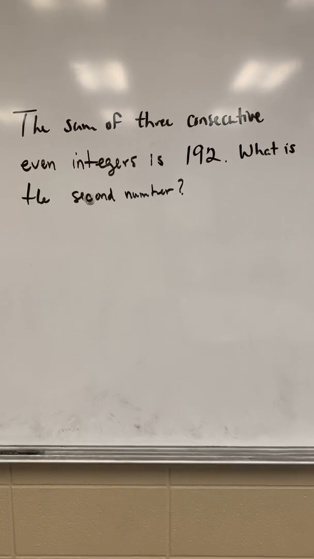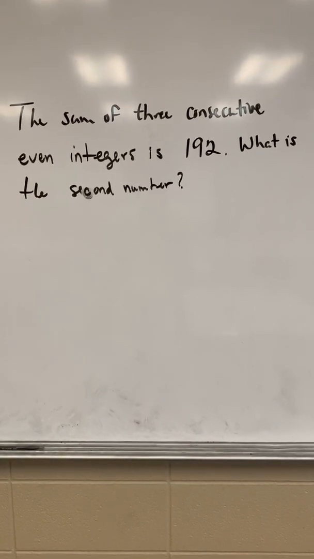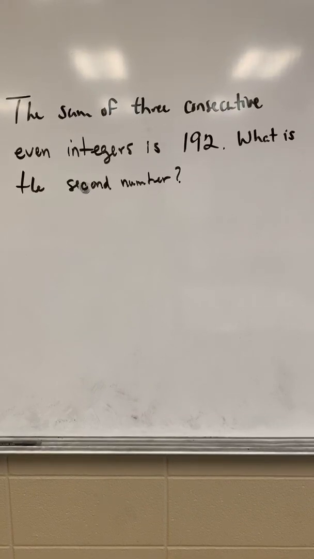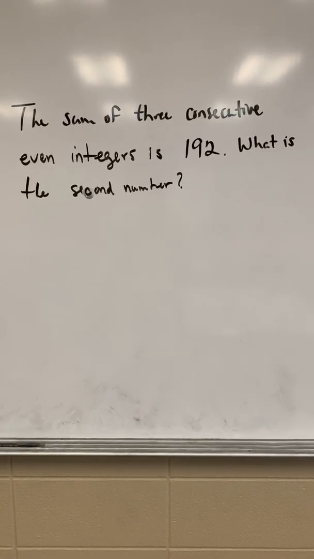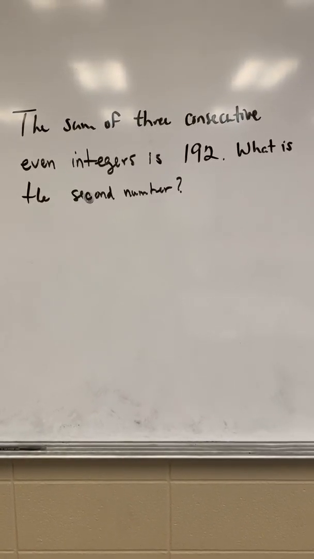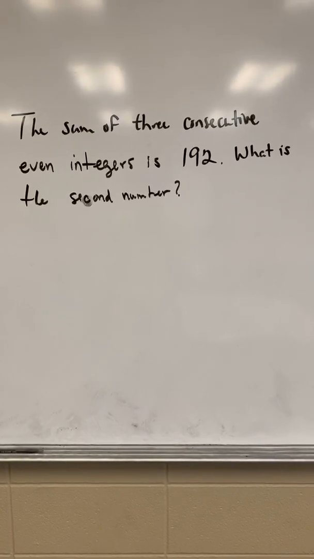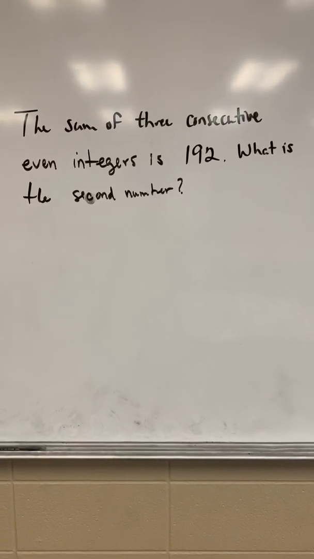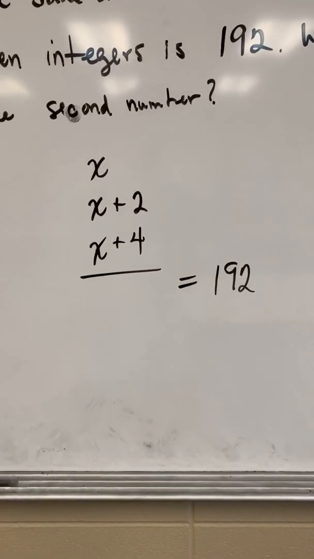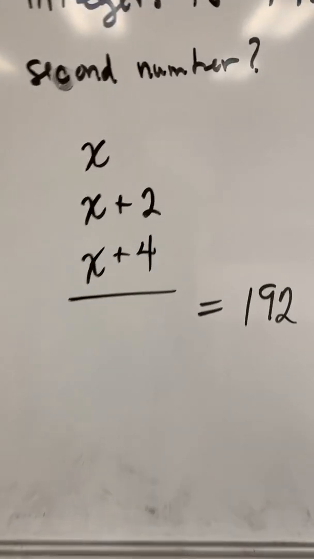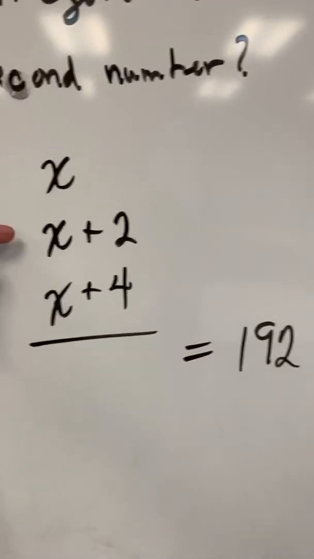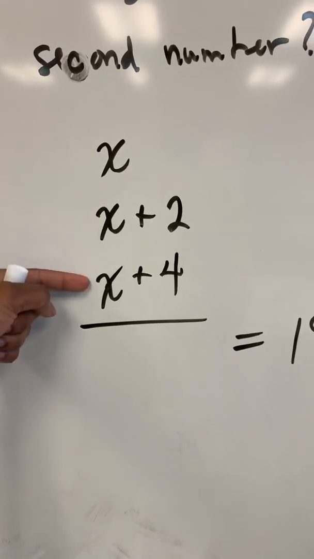All right, so this example says the sum of 3 consecutive even integers is 192. What is the second number? We're going to figure out what those even numbers are, and out of those 3, we want to know what the middle one is going to be. I have my 3 integers represented: x right here, x plus 2, and x plus 4.